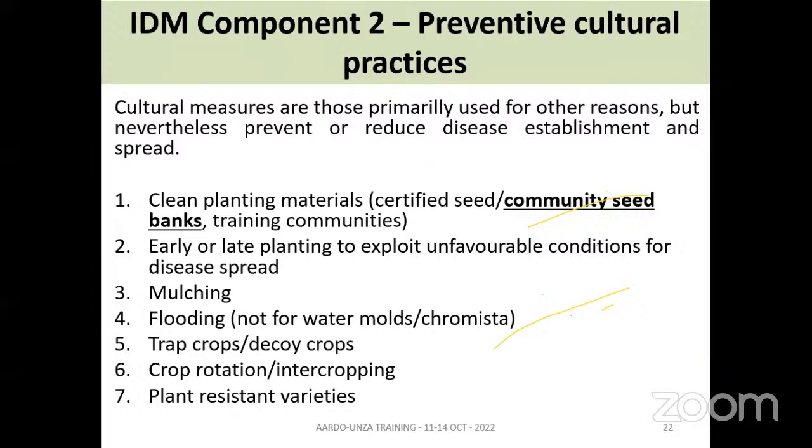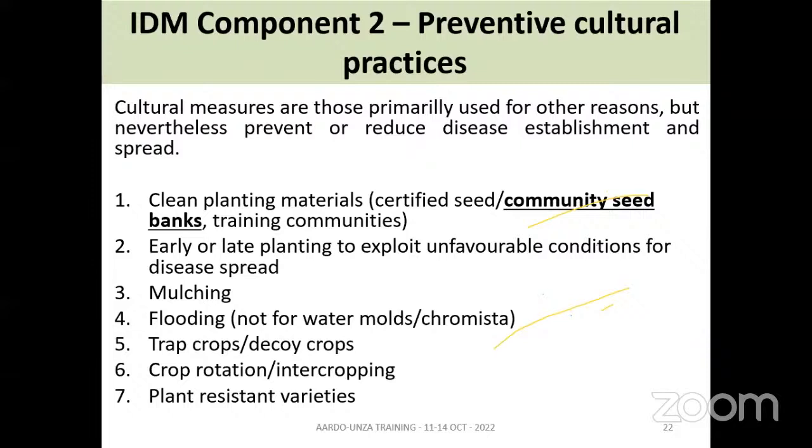Now, there are several things that could be done in diagnosis. And I've seen this working in many places. First of all, to do proper diagnosis, you need to have a clear-cut understanding of symptoms, disease symptoms. There are some symptoms that are clear-cut.